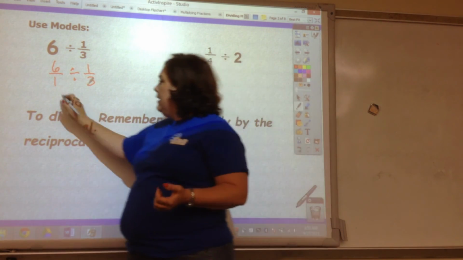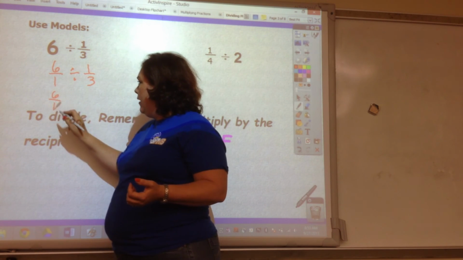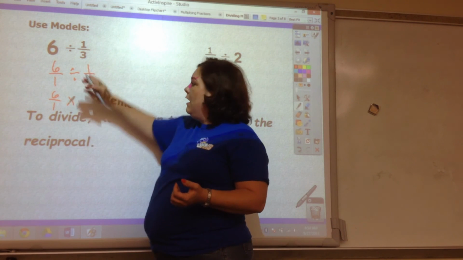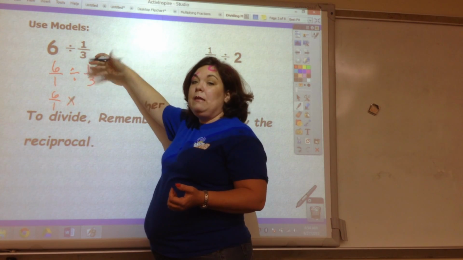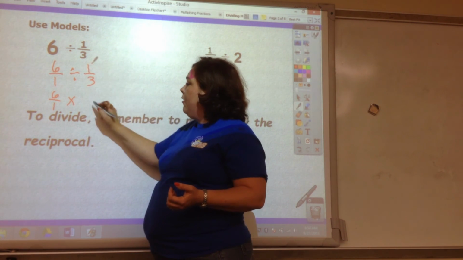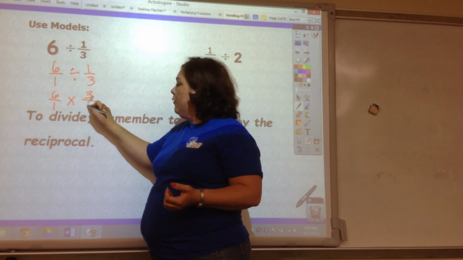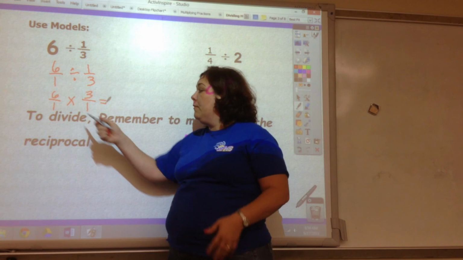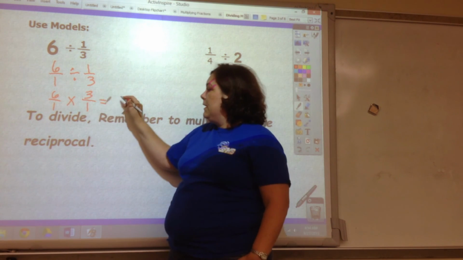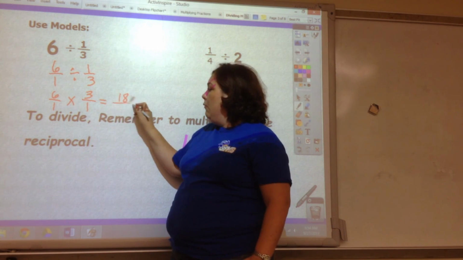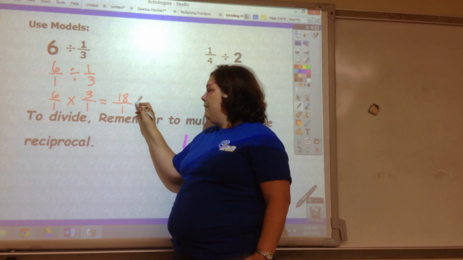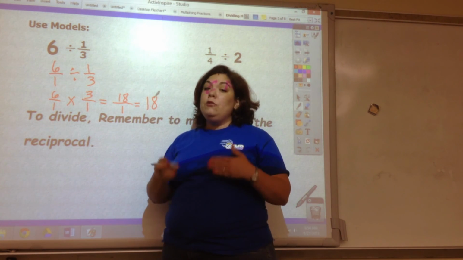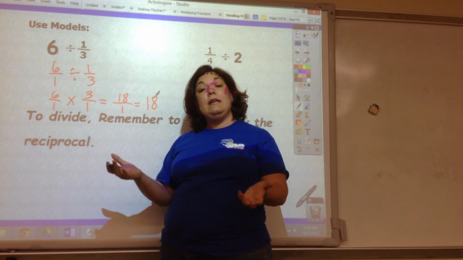So I'm going to leave 6 over 1, change my division to a multiplication, and then flip or find the reciprocal of 1/3, so that would be 3 over 1. And now I treat it like I would a multiplication problem. I go 6 times 3 is 18, 1 times 1 is 1, and of course this is just the whole number 18. And I showed you with the model why that is.